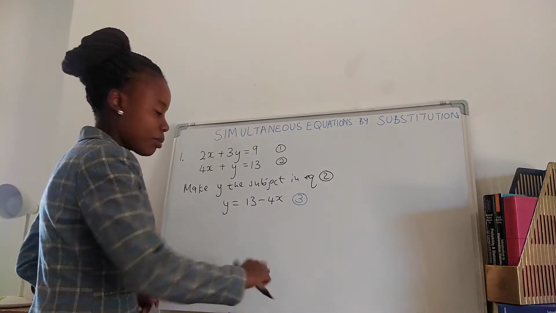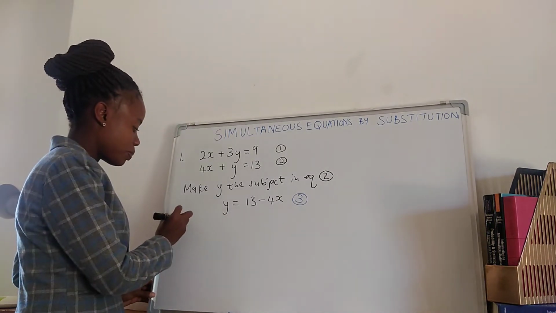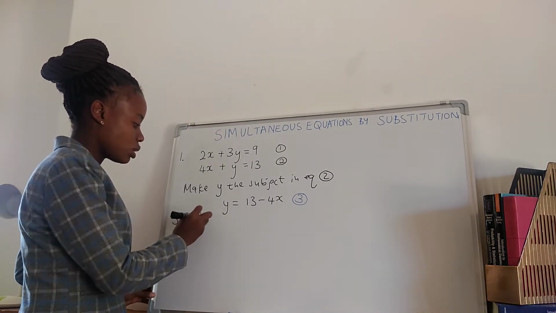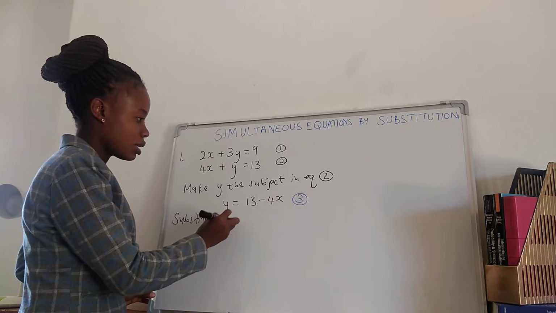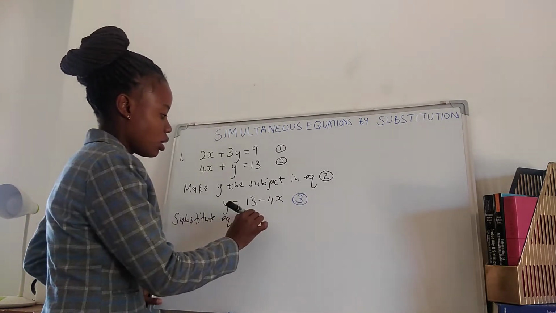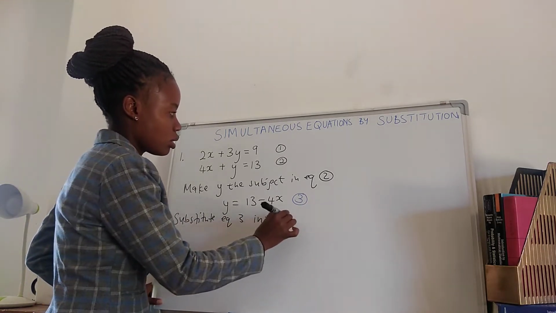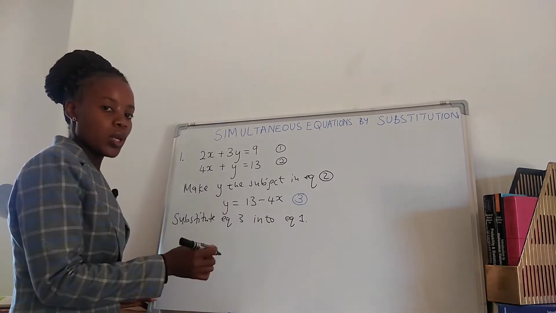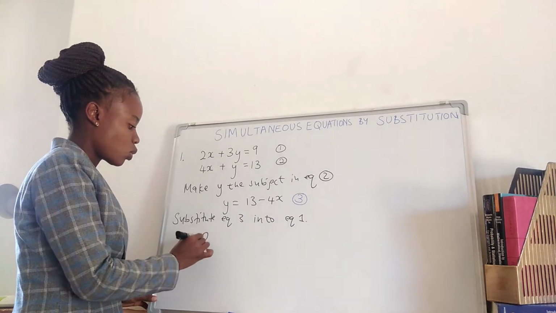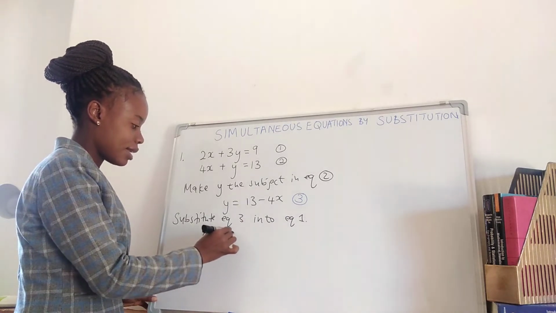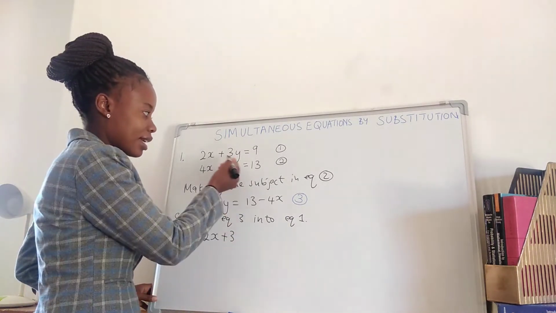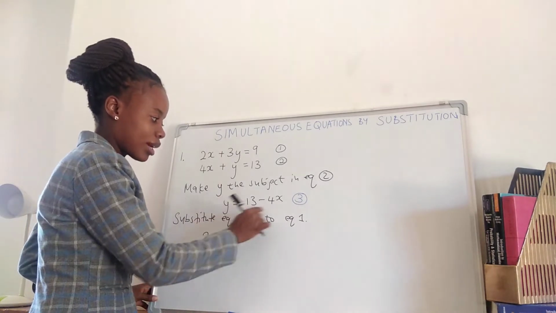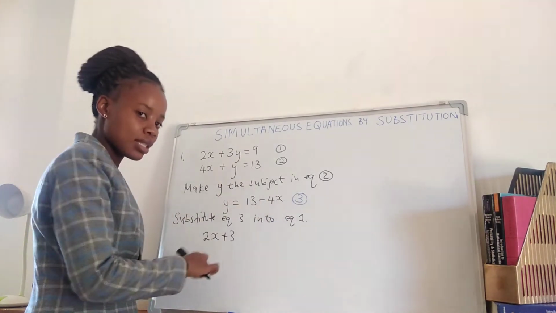Then the next step, we are going to substitute equation 3 into equation 1, okay? So we are going to have 2x plus 3. Instead of writing y, we're going to write this because we said this is y.